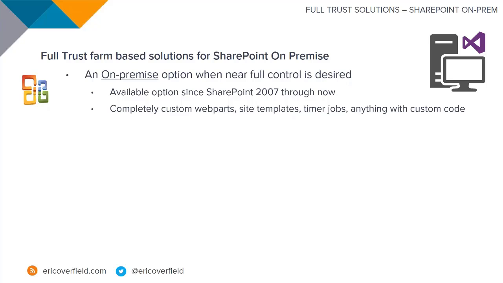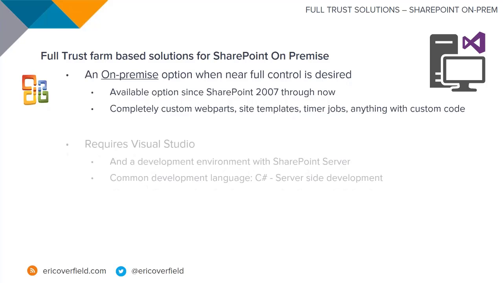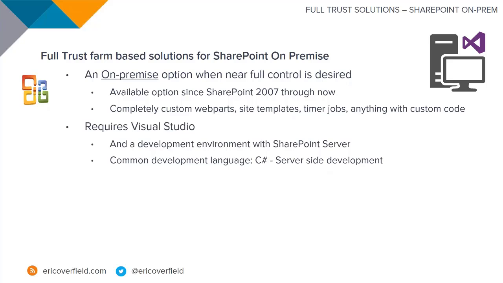They're those WSPs we've been building. We still can use these when we want to build completely custom web parts in C#. Totally do that. We can still build site templates within on-prem environments, timer jobs, anything that has custom code, you can still build in FullTrust Solutions. That's not to say you always should, but you can.